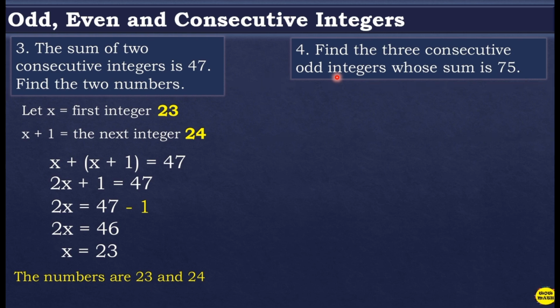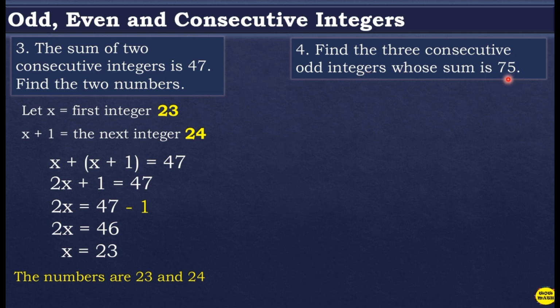What are examples of three consecutive odd integers? When we say odd, examples are 1, 3, 5. Another example, we can also say 7, 9, and 11.